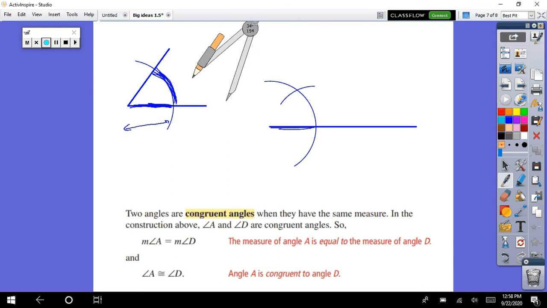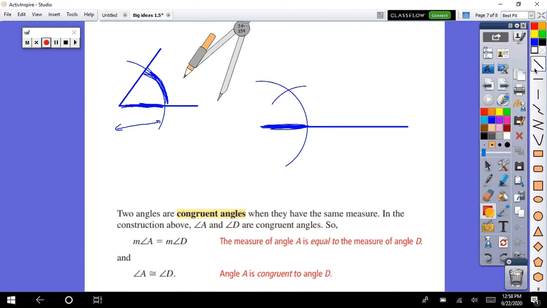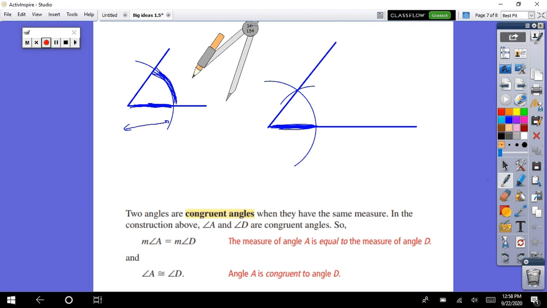So now we want to do that same measurement out and see how far its opening is from there. And once you have that point, then you take your straight edge and you use your straight edge to connect the vertex with where your two arcs intersected. And that is how you duplicate an angle. These angles would be congruent.